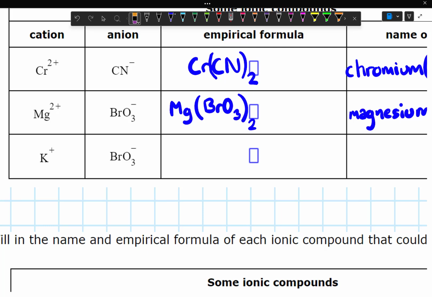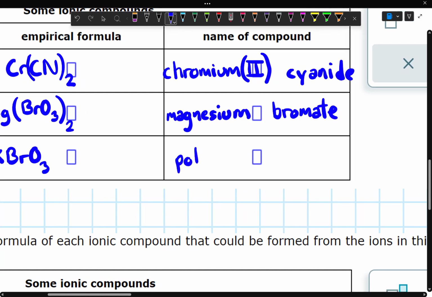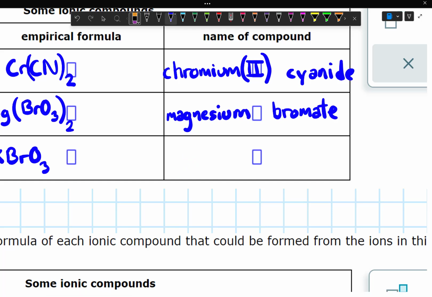We don't do that. So this is just going to be K, and we don't need parentheses for the bromate because it's just one of them. So this is KBrO3. And how do we name this? This is just... Oh, that's not how you spell potassium. Okay. Potassium bromate. And that's it for this one.